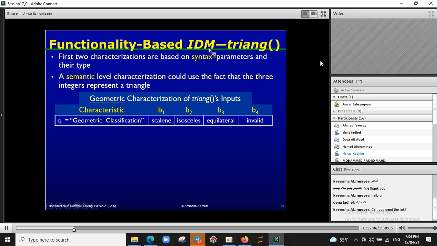But in a functionality-based IDM, or input domain modeling, we use another characteristic such as geometric classification. By the geometric classification, as you know, we have just 4 classes of triangles: the scalene class, the isosceles class, the equilateral class, and the invalid class of triangle.